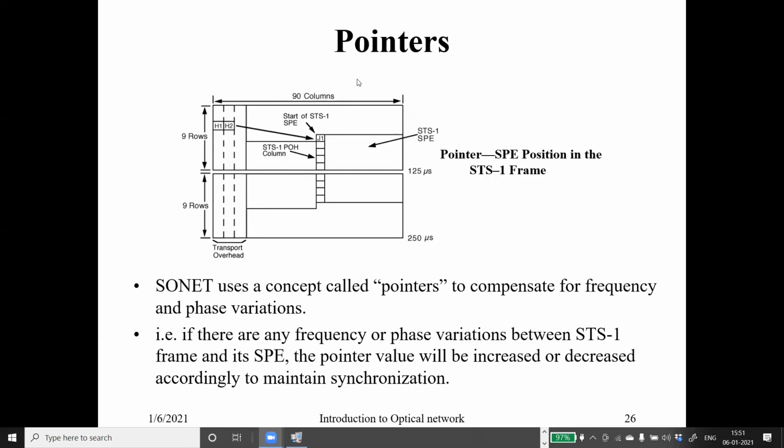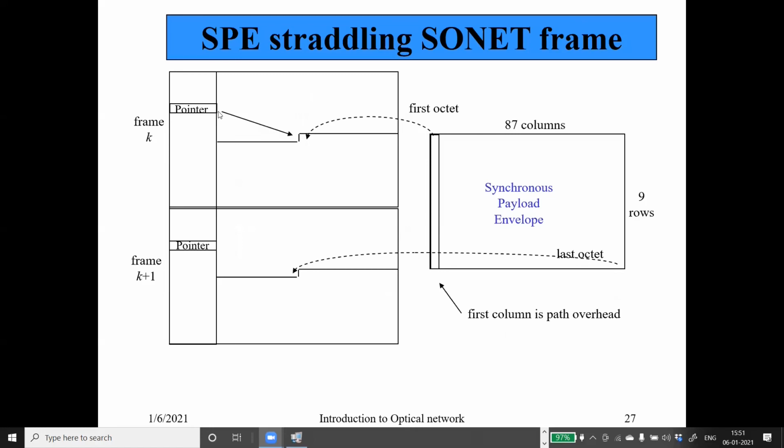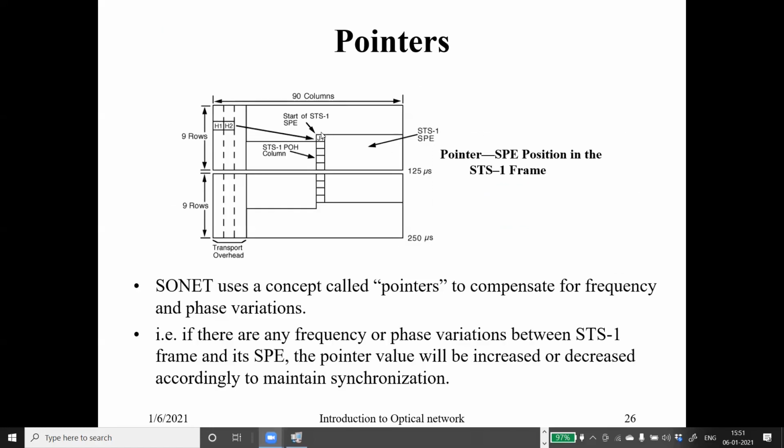I may not go and search every byte and find out where my information is, but instead these flags or these pointers, locations, will help me to find out the right position where the information is placed. So these pointers help us to maintain the synchronization.